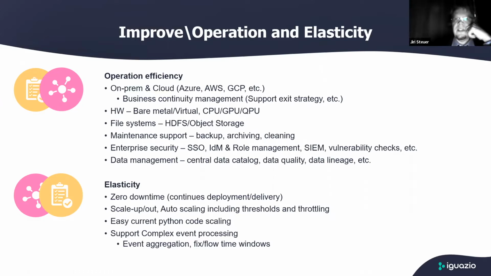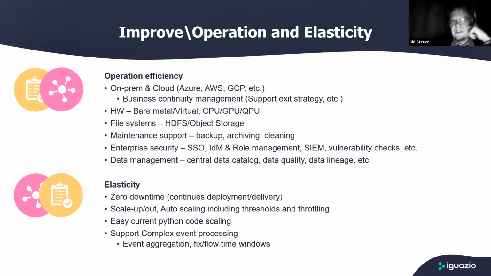The focus is on maintenance support, backup, archiving, cleaning. It also covers enterprise security, single sign-on, identity management, role management, security information and event management, vulnerability checks, and last but not least, data management, such as central data catalog, data quality, data lineage.